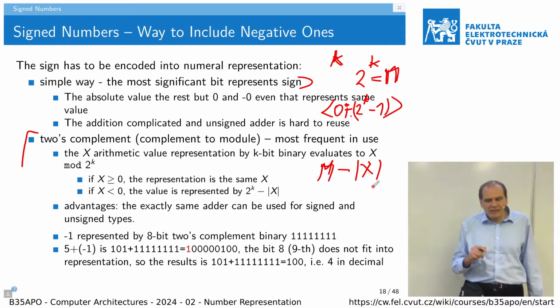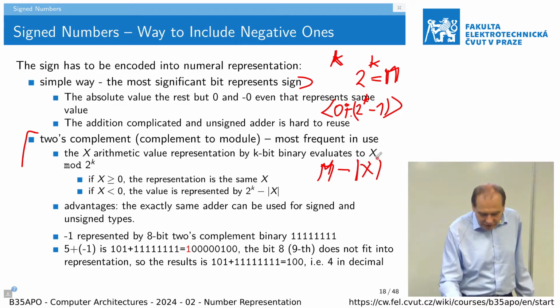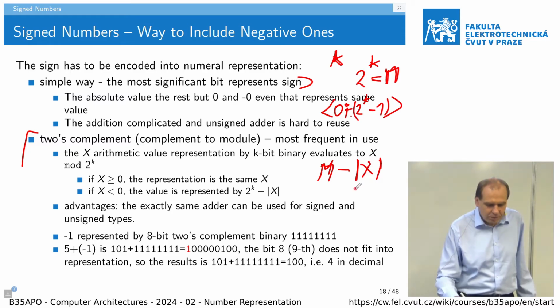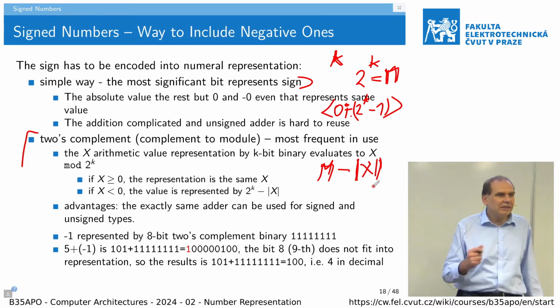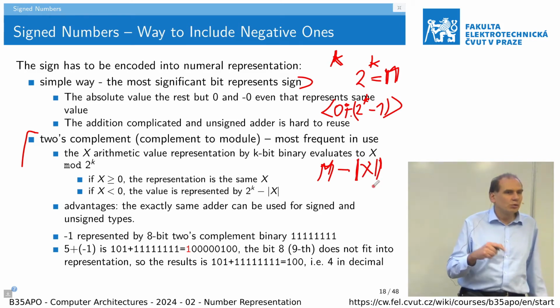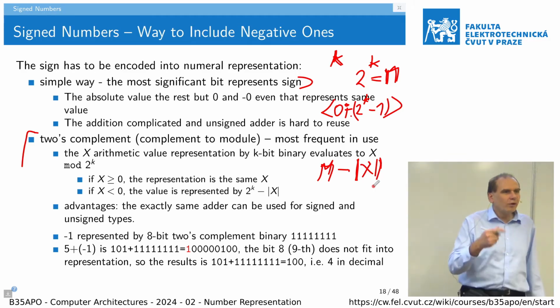If we add the absolute value, the inverse value, to a given x, then we get exactly the module, but because the module cannot be represented, it overflows and we get a 0.